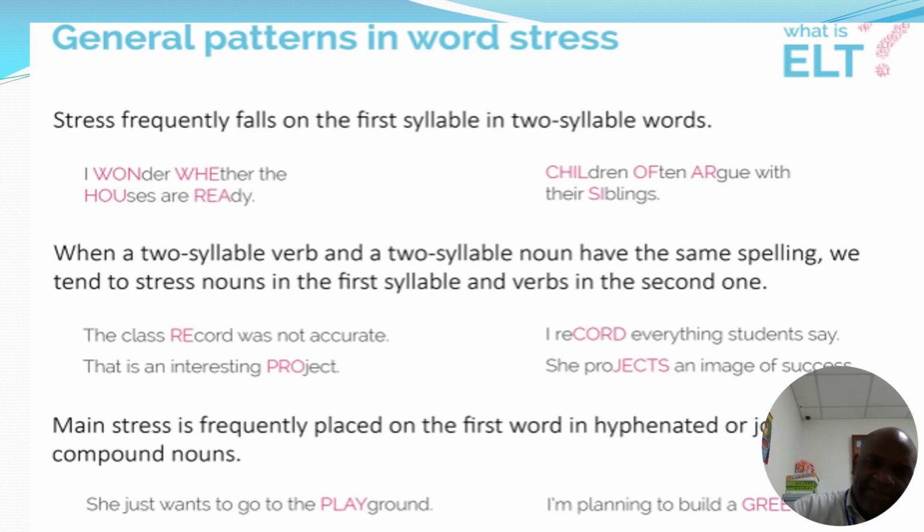We have the stress in this section, wonder, in this section, houses, in this section, whether, and in this section, ready. We can feel and reflect the stress in these words. The most powerful stress appears in the third syllable.